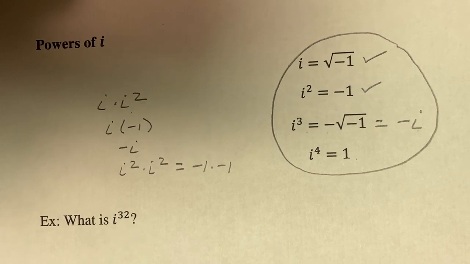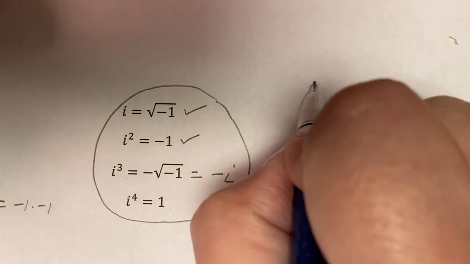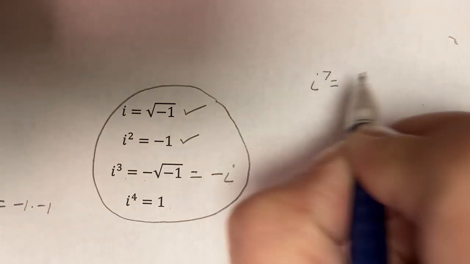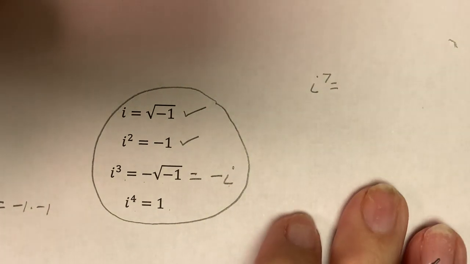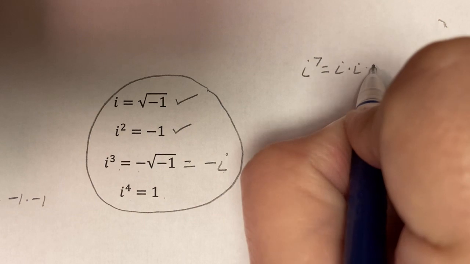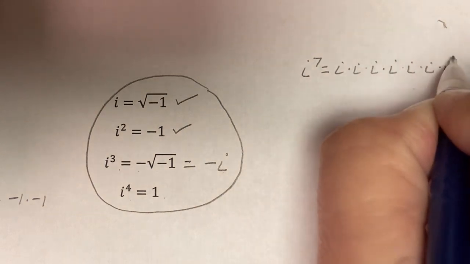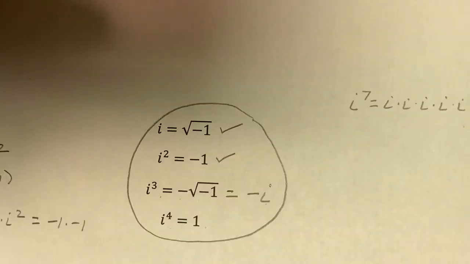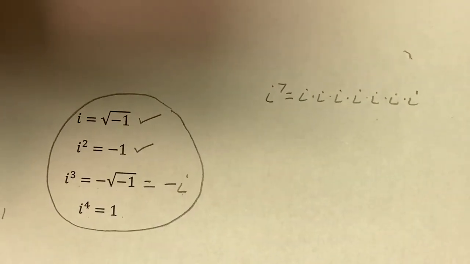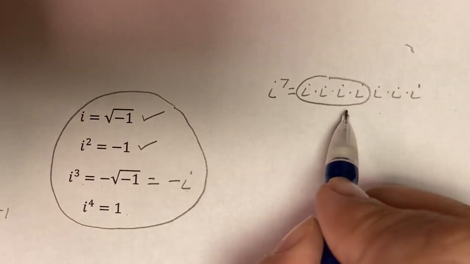Now, before we go into our first example down there, I want to do something a little bit smaller right up here. What if I had, for example, i to the 7th power? Would you agree that I could write that as i times i times i times i times i times i times i? That's 7 i's. If I circle these 4, what have I just circled?